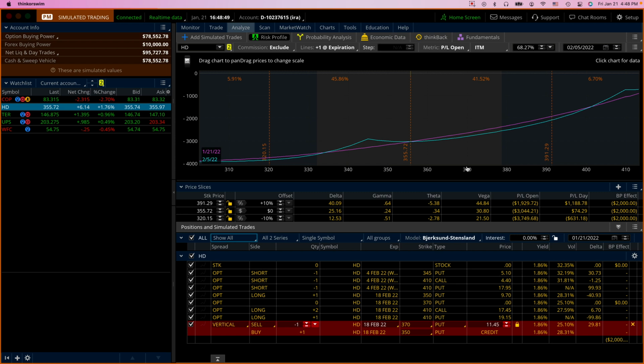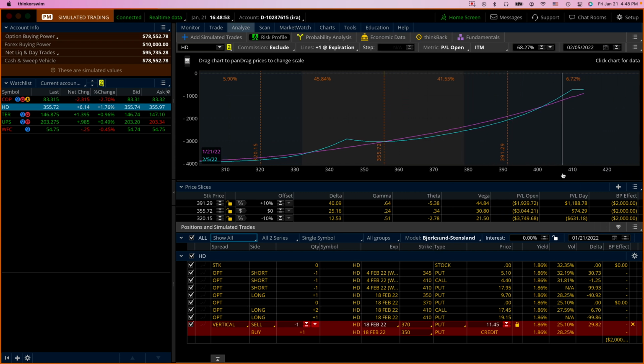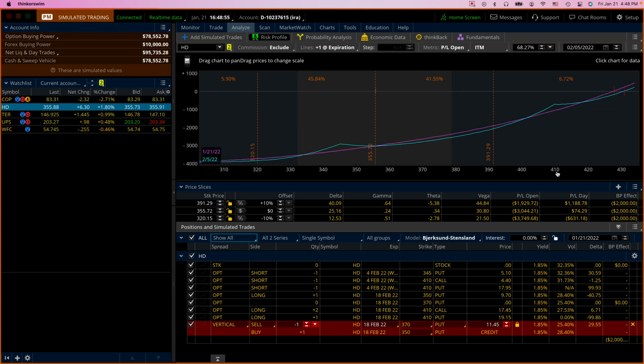Here's the strike price for that, and the original strike price was 410. So I had already rolled it down. Today I was rolling it further down to 350 and it got filled.